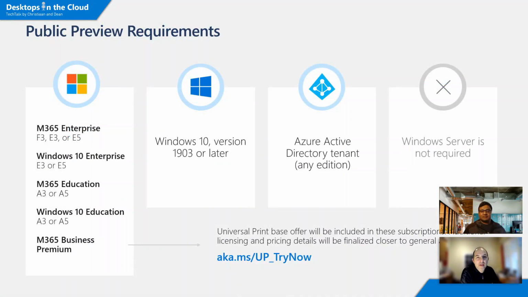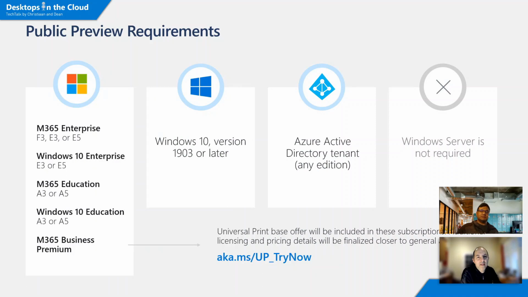In terms of trying Universal Print, customers who have Microsoft 365 enabled SKUs, which are listed on the slide, can have access to Universal Print right now. They can start at aka.ms Universal Print Try Now, and they see all the documentation. And it's similar to the demo that Saurabh showed.